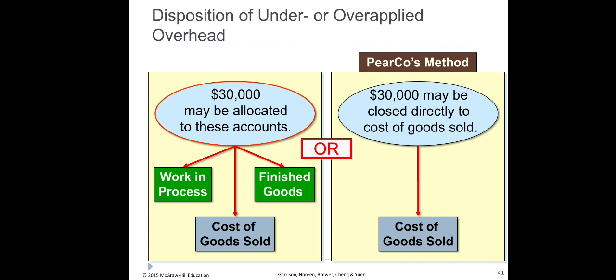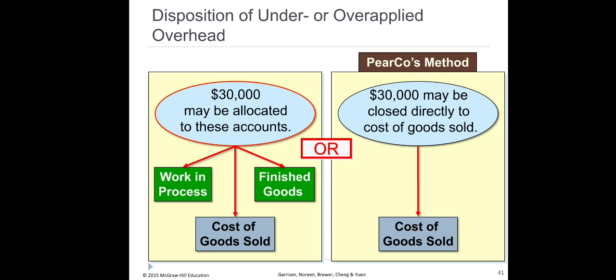The first method is that the amount of over or underapplied has to be allocated to three accounts: work in process account, cost of goods sold account, and finished goods account. Using this way, it is a bit complex, and you have to credit the three accounts if the situation is underapplied.